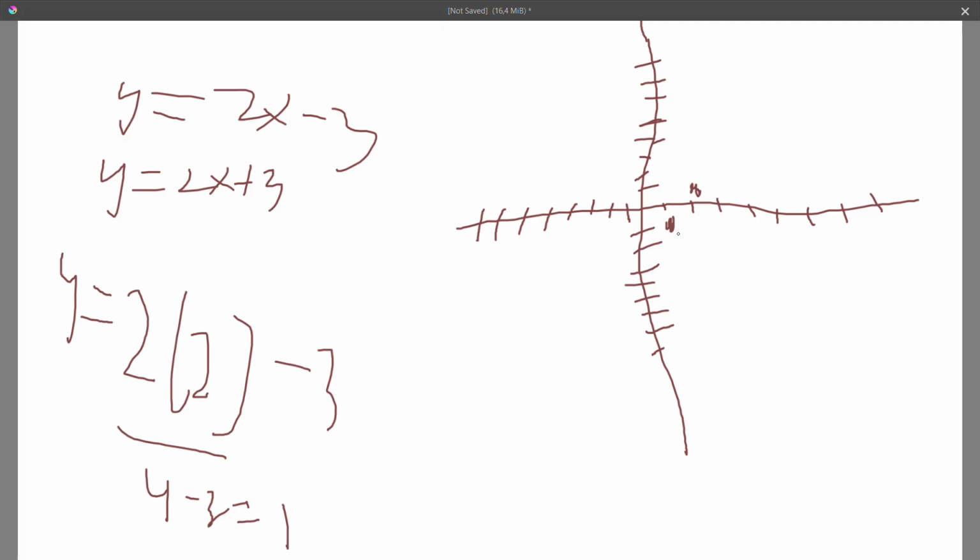Now I can graph a line, but it's not going to be that good because I'm drawing with a mouse. So it's going to be like this. Now, as I said, slope is how much you rise for how much you run. And we can check this by plugging in the formula. So, change in y.